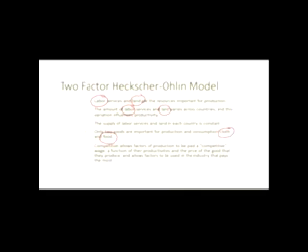So if you look at these assumptions, we have two factors of production, only two goods are produced, and only two countries are modeled. So this model, the Heckscher-Ohlin model, is also called the 2x2x2 model.